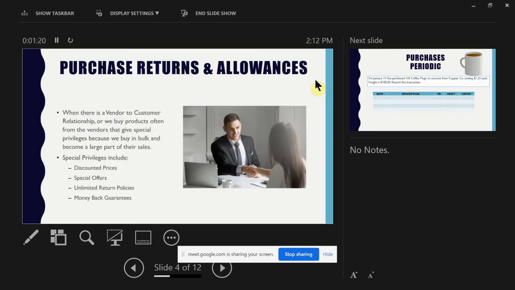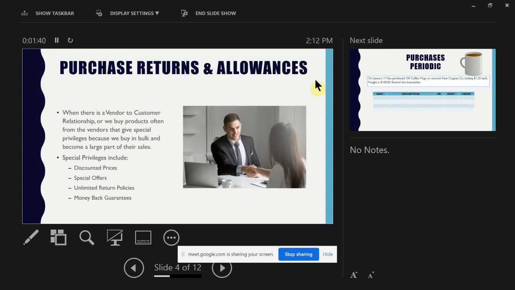Now, of course, from a manufacturer standpoint, right? Because you're probably going to be one of the people who they sell a lot of items to. They sell to you in bulk. They want to keep you as a customer, right?